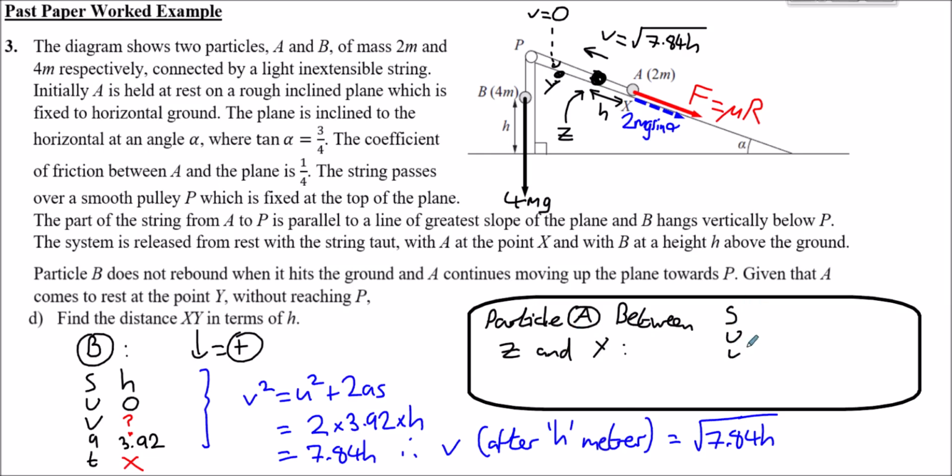So again, SUVAT. So at z, at the moment after it's travelled h up the slope, z is just where B has hit the ground. That's at that instant where B hits the ground. So the velocity of A at this point here is root 7.84h. That's the initial velocity.